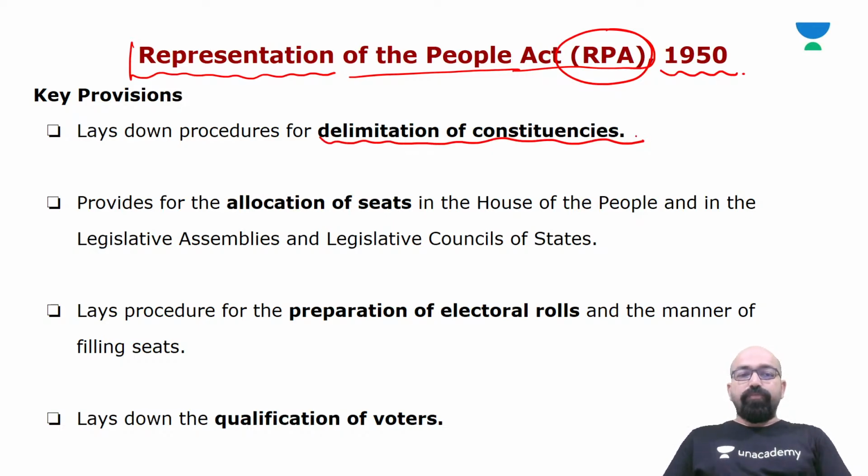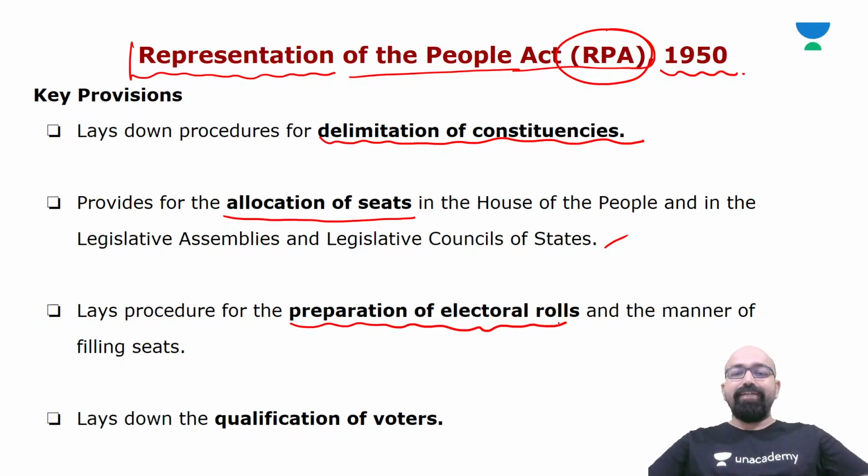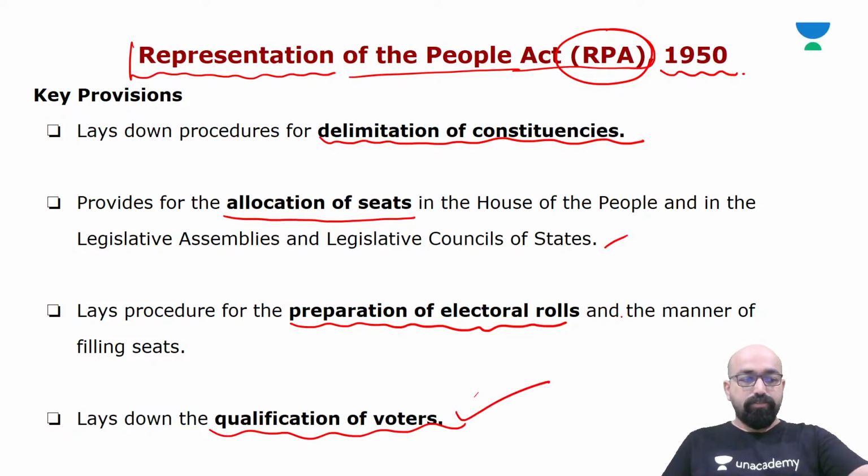The Act provides for the allocation of seats in the House of the People and in the legislative assemblies and legislative councils of states. It lays down the procedure for the preparation of electoral rolls and the manner of filling seats. The Act also lays down the qualification of voters.